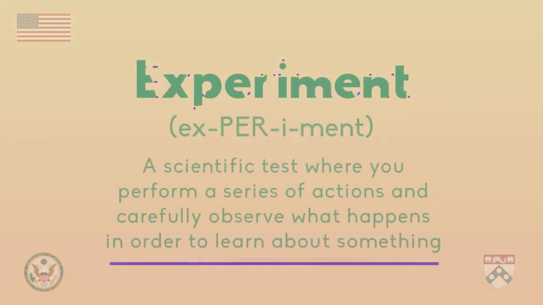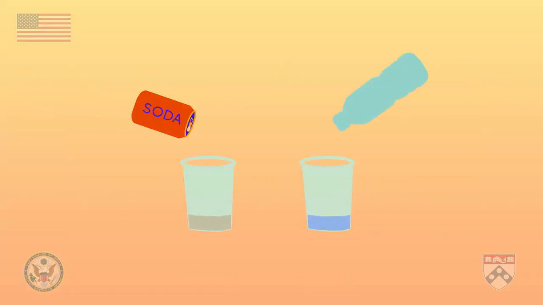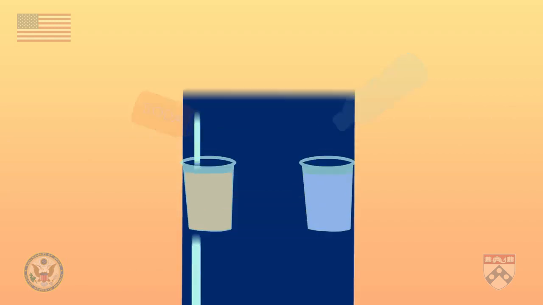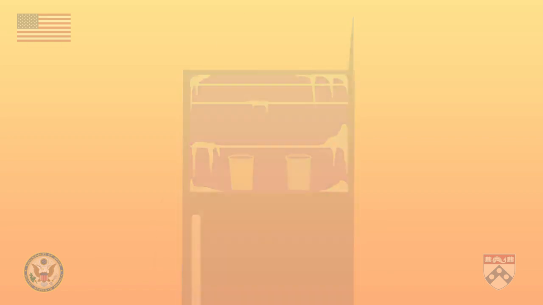An experiment is a scientific test where you perform a series of actions and carefully observe what happens in order to learn about something. For example, if you want to test to see if water freezes faster than soda, you could conduct an experiment where you put an equal measurement of water and soda in a freezer and observe which liquid turns to solid faster.